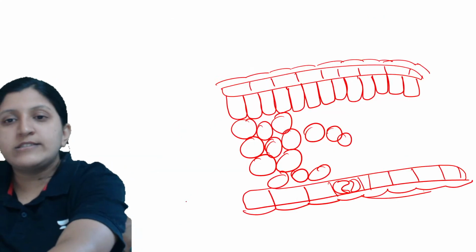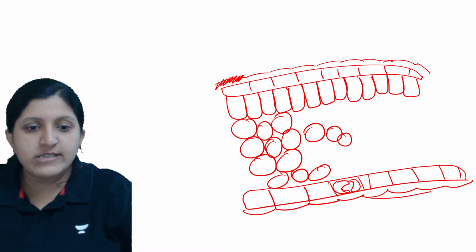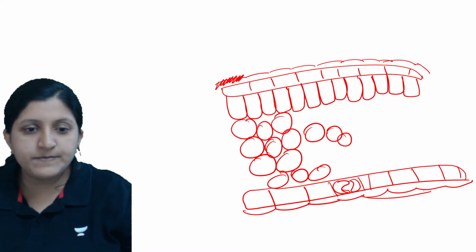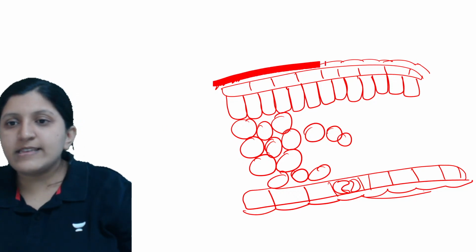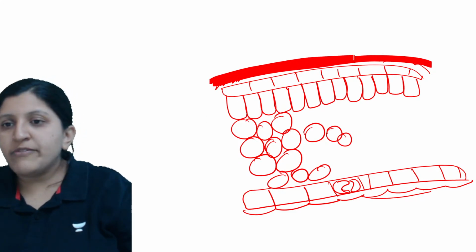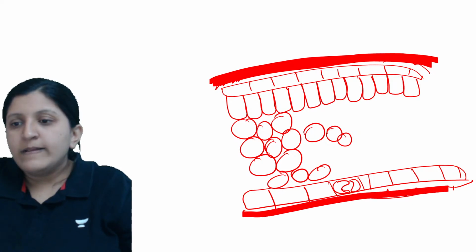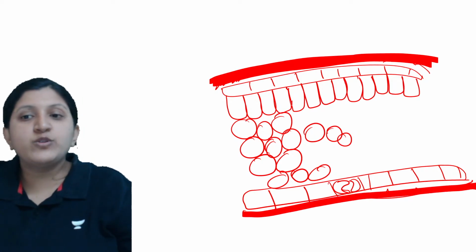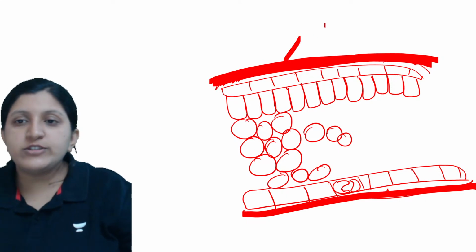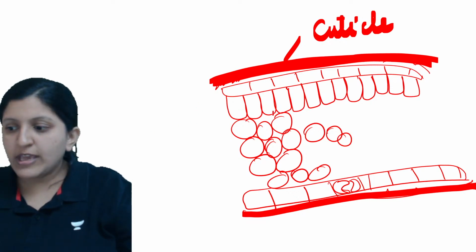You can see in this diagram, let me highlight this, a thicker cuticle, and we can draw an even thicker one. Here also is a thicker cuticle. This is the cuticle where cuticular transpiration can be seen.